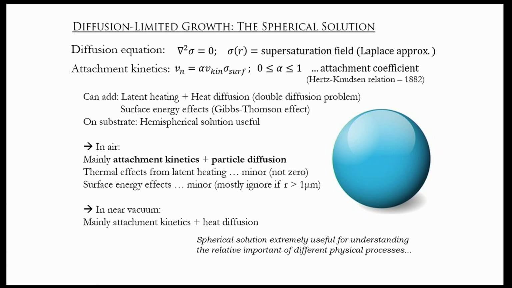Surface energy effects are also minor and not zero, but mostly you could ignore the surface energy if the radius of anything is greater than a micron. So the surface energy comes into play at, say, the edge of a very sharp, a very thin disk. But for a large crystal, it's just irrelevant, so we can ignore that. But again, you know, these effects are there, but these are the big players.